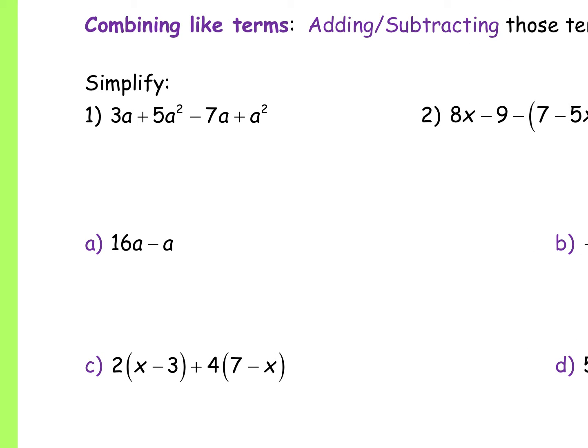Number 1. I'm going to find my like terms. I know that 5a squared and a squared are like terms, and 3a and negative 7a are like terms. So if I combine my like terms, 5a squared plus a squared gives me 6a squared. Good. And 3a minus 7a gives me minus 4a. And I'm done. That's it.